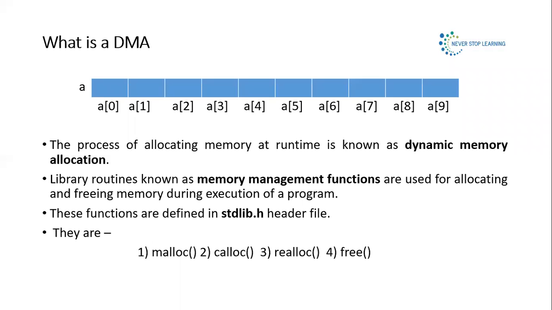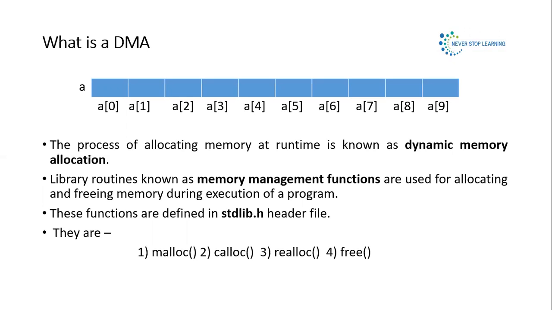Memory allocation is very important in programming because when we store a value, when we want to assign a value, we have to use memory allocation. Now this memory allocation can be done either before or at the time of program execution.